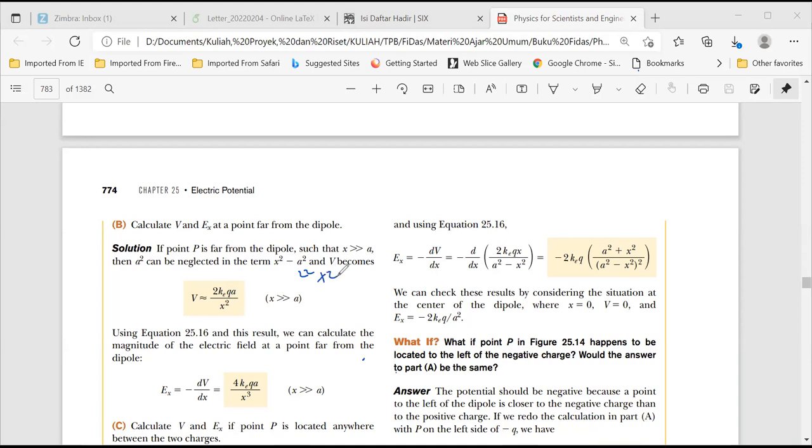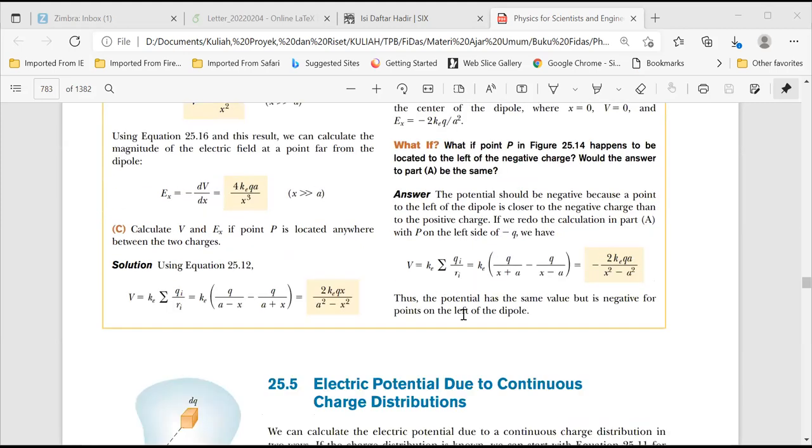So the form of the potential will be like this. And the electric field component on the x-axis is minus dV over dx. So we will get this form. Okay.